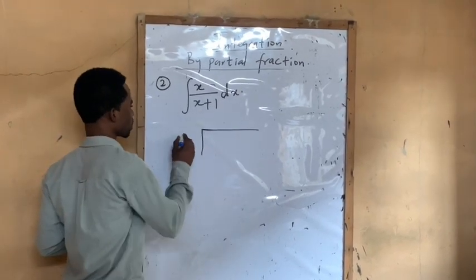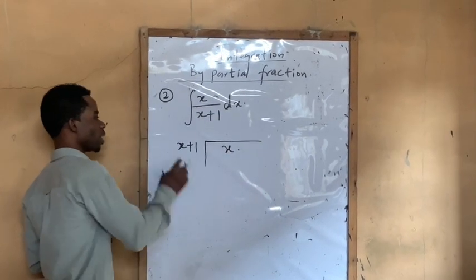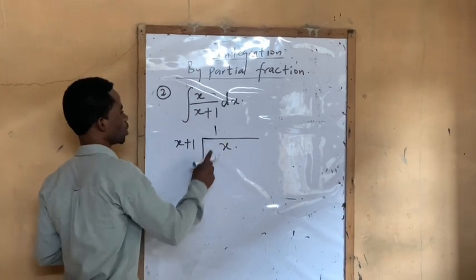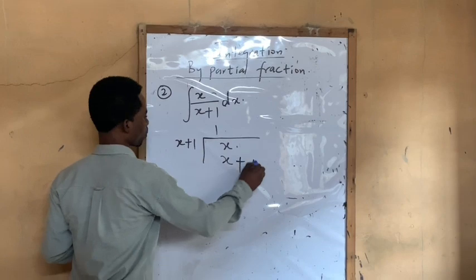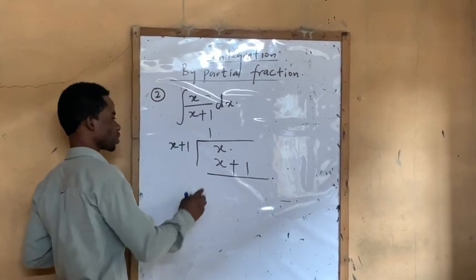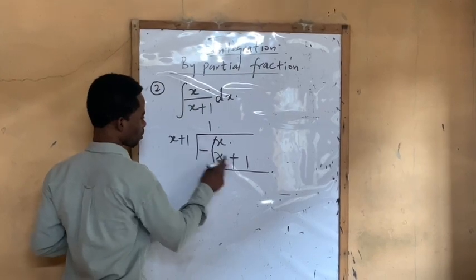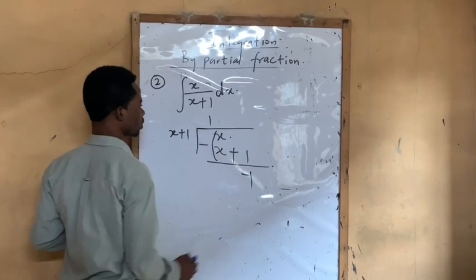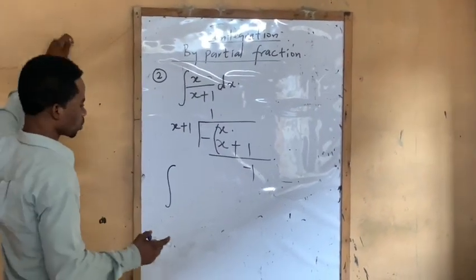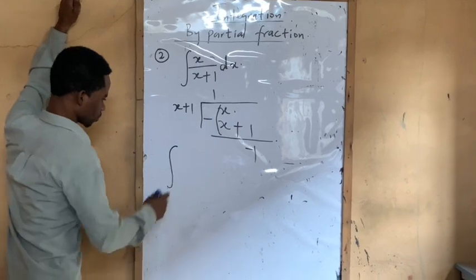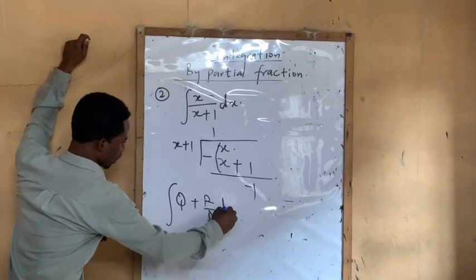The divisor is x plus 1. x divided by x, that is 1. 1 times x, that is x, plus 1 times 1, that is 1. When we subtract this, x minus x is cancelled. Minus times plus, that is minus 1. So, as simple as that. The way I shorten it, integral of q plus r over d dx.